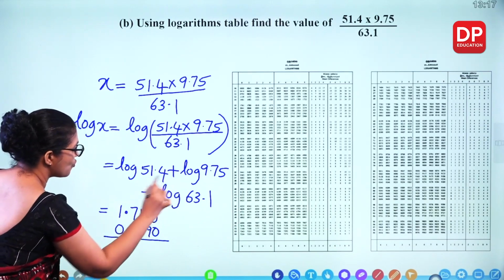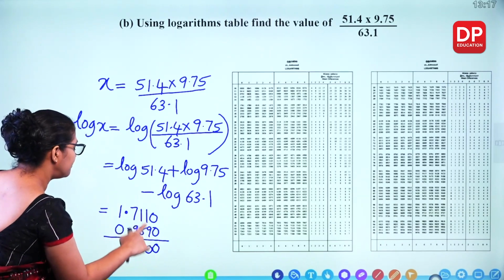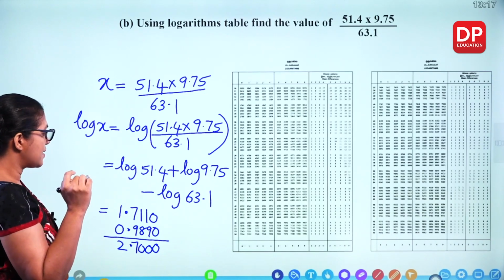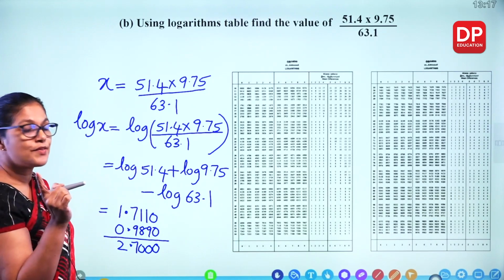We'll first add these two. You get this, and now find 63.1.